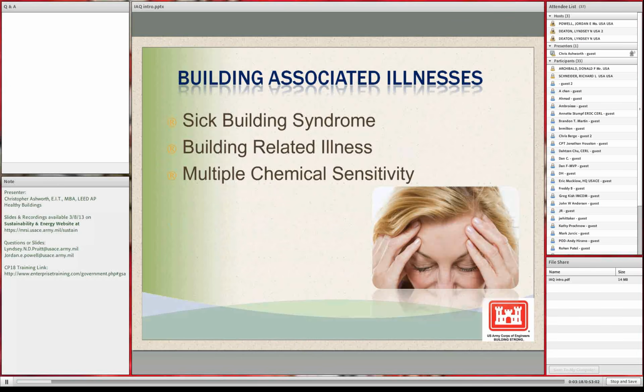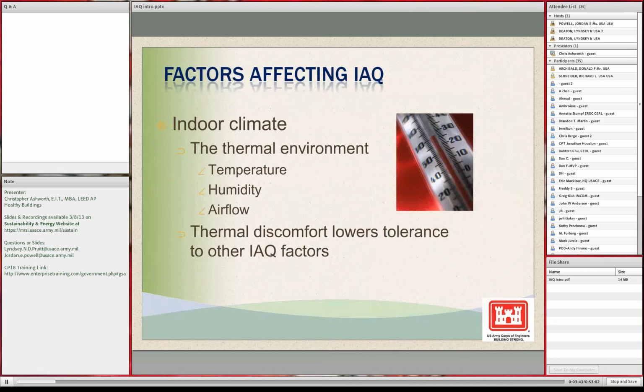And some of the biggest, most common topics regarding indoor air quality are building-associated illnesses, sick building syndrome. You might get headaches or whatever the various complaints can be that don't have to be the full-fledged sick building syndrome. But it can either brand a building as poor, or it can also just affect the individual worker or the individual group or team and really have large effects back to those financial issues we just discussed.